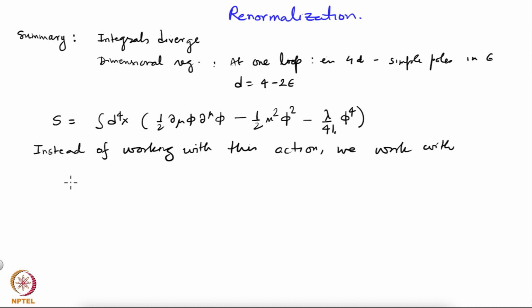So I will work instead with the integral ddx. Okay, I am going to d number of space-time dimensions. And you have again half del mu phi del mu phi, which will not change, because after all this is d0 phi plus d1 phi plus d2 phi and so forth.